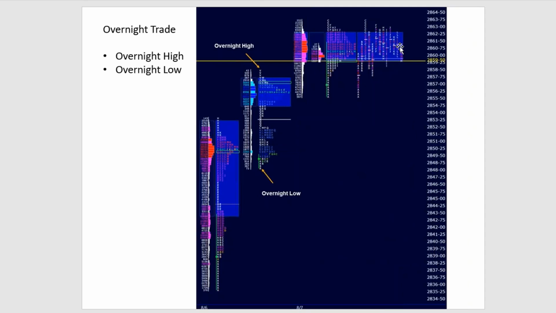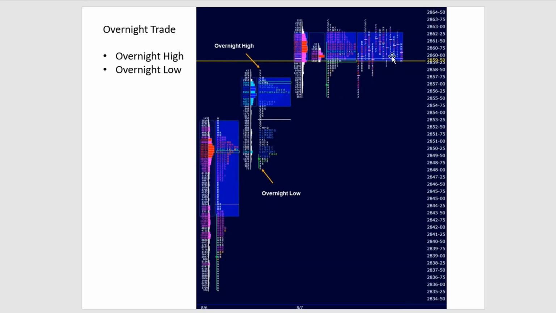Another references that we use are the overnight high and low. So the ES trades overnight. In fact, the entire time that the market is open overnight, from the time of the close to the following morning. Short-term traders in particular will use these mechanical references.